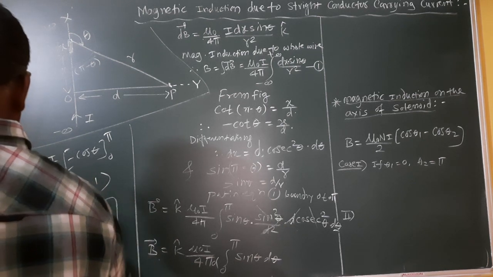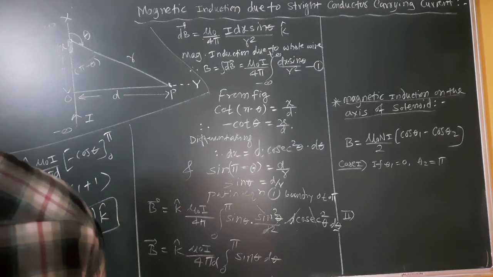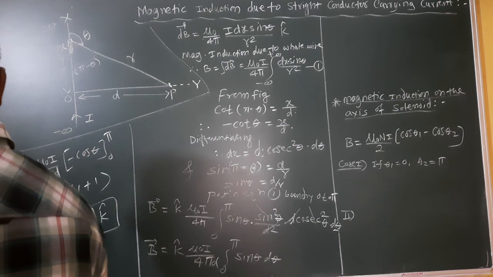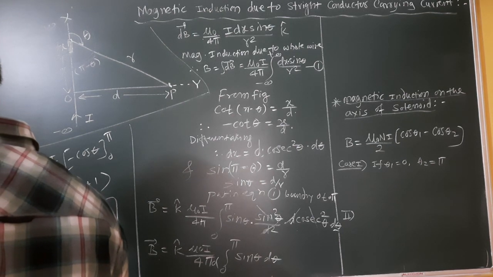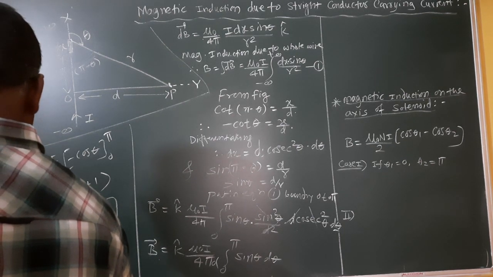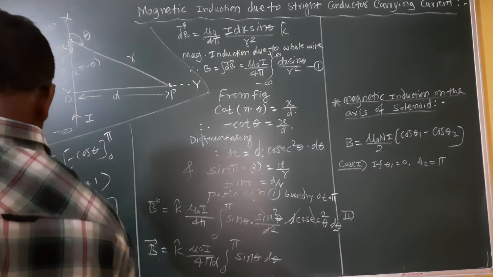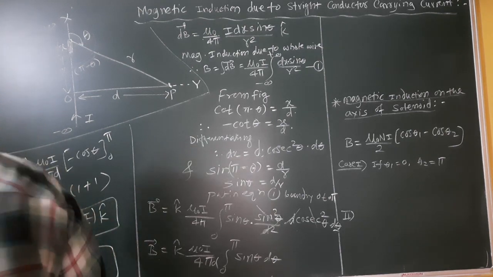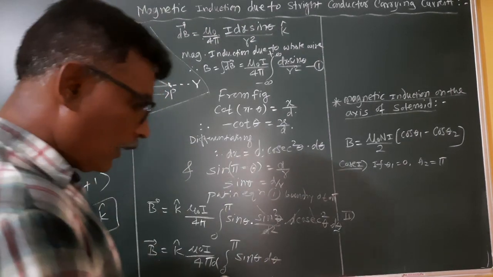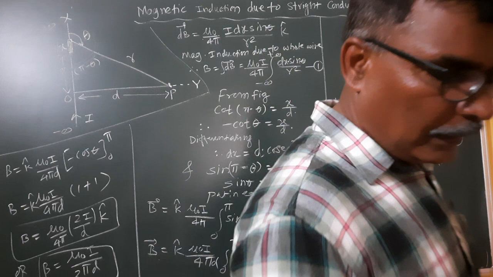This is the important formula, or B is equal to mu 0 I upon 2 pi d. This is the formula for the magnetic induction of a straight conductor.